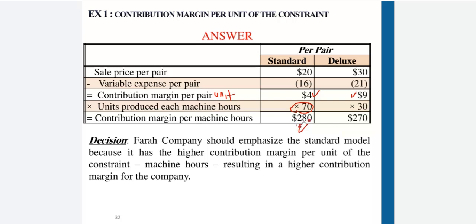طيب لو بدل ما أنتج نظارات عادية رحت أنتجت الديلوكس، في الساعة الواحدة هنتج كام نظارة؟ 30 بس، 30 في 9 بكام؟ ب 270. يبقى الساعة الواحدة لو أنا وجهتها إني أنتج بيها نظارات ديلوكس أكسب من وراها كام؟ 270.